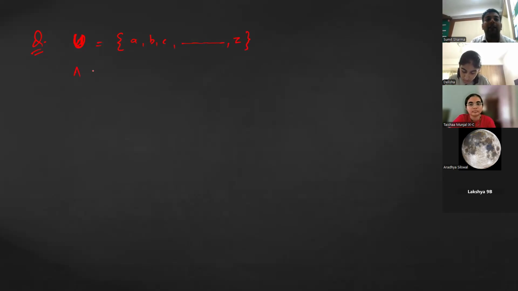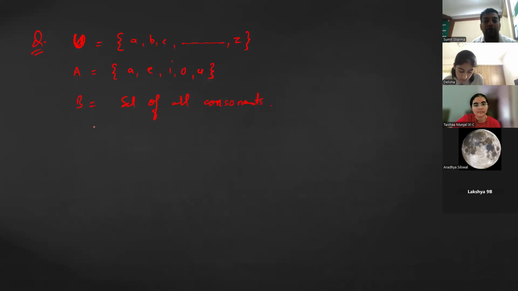And then A is the set of all vowels, A, E, I, O, U. And B is another set which is the set of all consonants.